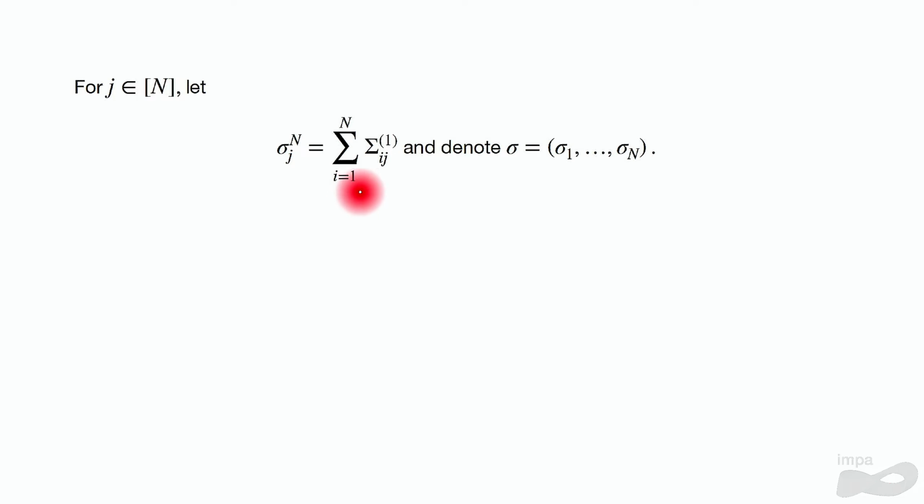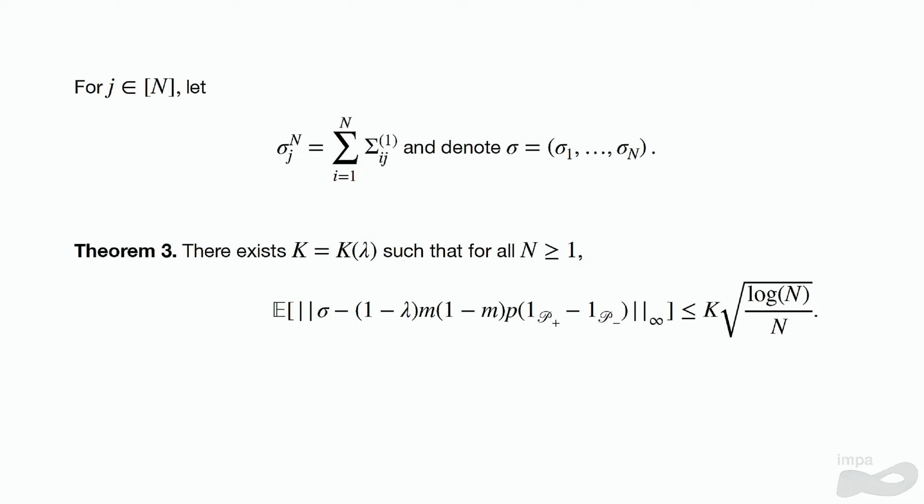So this tells me that, as I just said, if I define this vector sigma_j, which is, for each column of this matrix sigma 1, I sum over the rows, and I just use the previous result, we can prove, in fact, that this vector sigma converges to the vector of 1s in p plus and minus 1s in p minus, times a constant. And this constant here is this previous one times p.